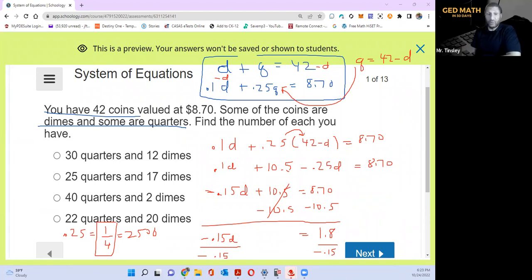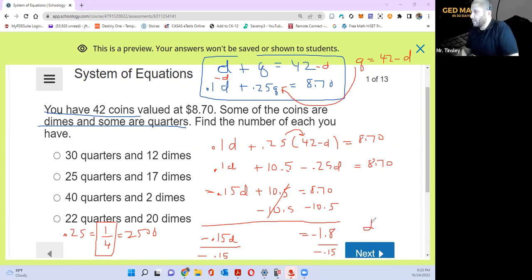So now we do on our calculator negative 1.8 divided by negative 0.15. I don't know where I left that negative off at. So it's 12.